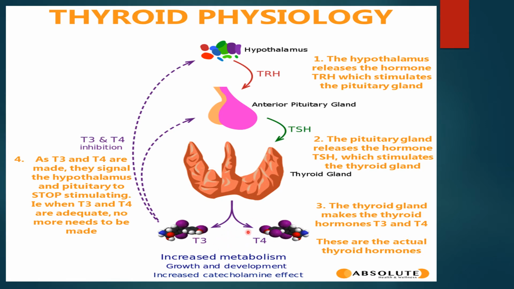But if these two hormones increase above the normal range in the blood, they send a negative feedback response and cause inhibition of the release of TRH and TSH. So when T3 and T4 are made, they signal the hypothalamus to stop stimulating after the level increases. You understand?